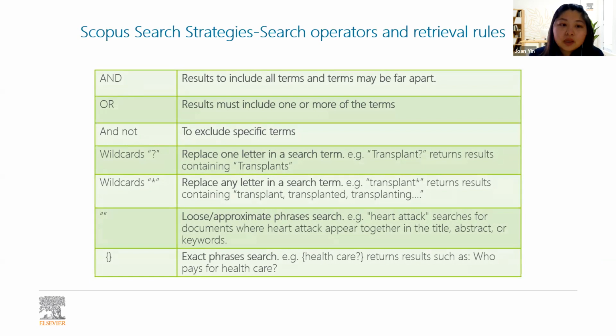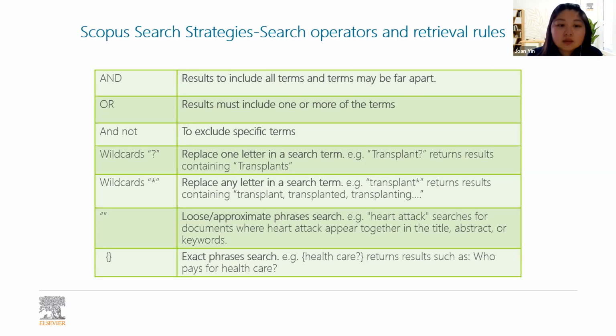The first three, you must be quite familiar with: the AND, OR, and NOT search operators are quite easy to understand. I will explain more about the remaining four search operators.